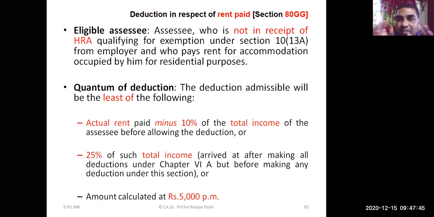Okay, let us say he is paying rent of 1,20,000 rupees in a year, and his total income is, let us say, 3 lakh rupees. So 3 lakh rupees, 10% is how much? 30,000. He is supposed to pay 30,000, but actually he is paying how much?